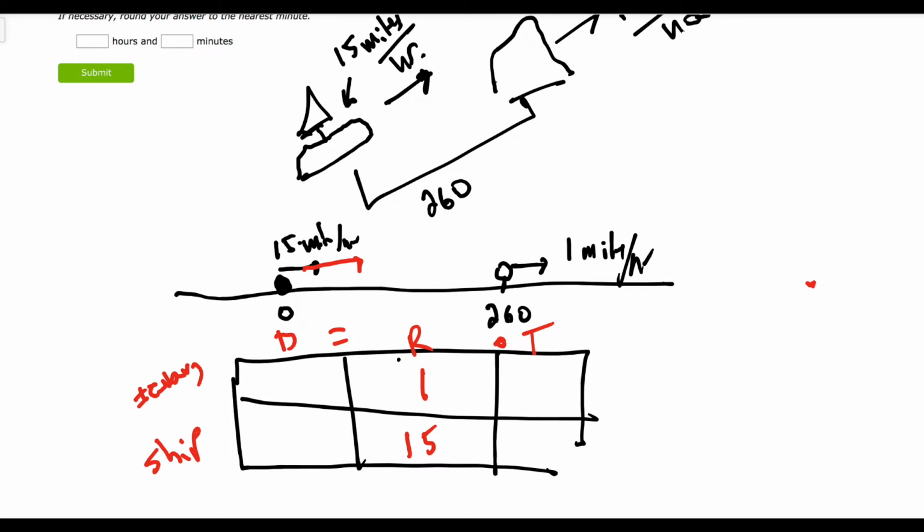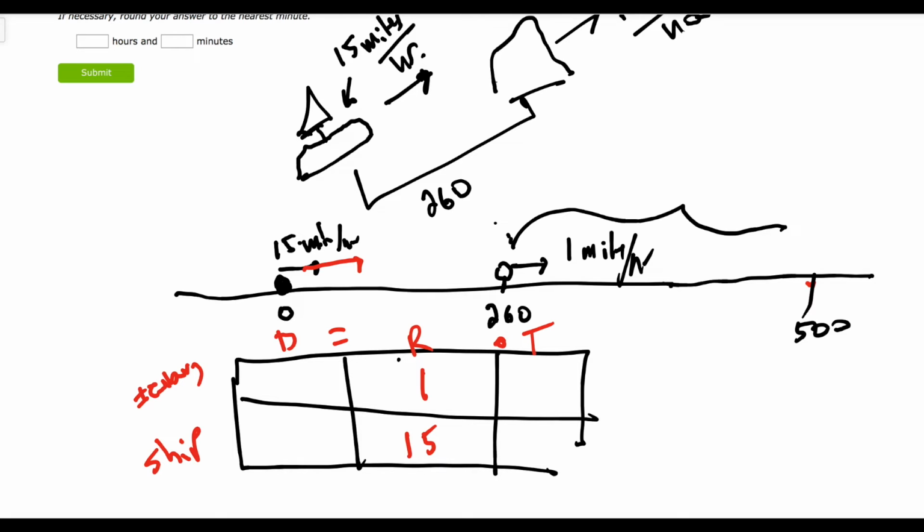Cool. And this distance right here, that this thing is traveling at 1 mile per hour, it's going to travel some distance x. If you think of this as a number line, let's say they meet up at 500.